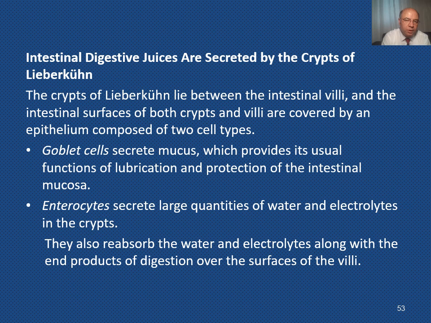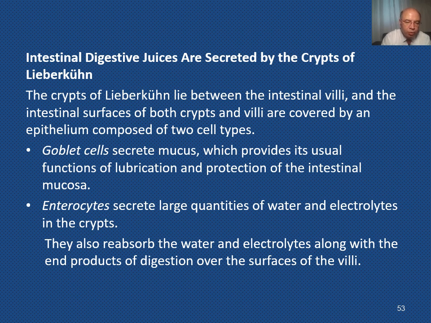Intestinal digestive juices are secreted by the crypts of Lieberkühn. The crypts of Lieberkühn lie between the intestinal villi, and the intestinal surfaces of both crypts and villi are covered by an epithelium composed of two cell types. Goblet cells secrete mucus, which provides its usual functions of lubrication and protection of the intestinal mucosa, and enterocytes secrete large quantities of water and electrolytes in the crypts.